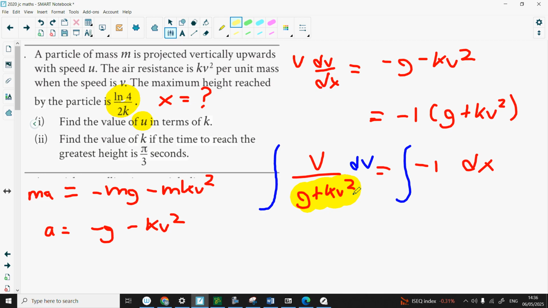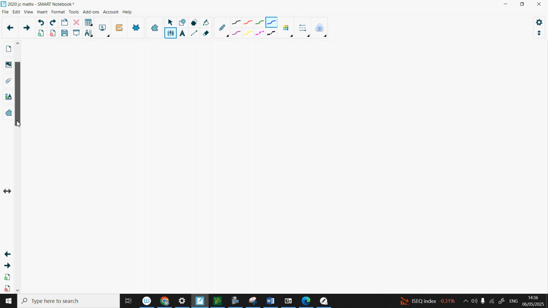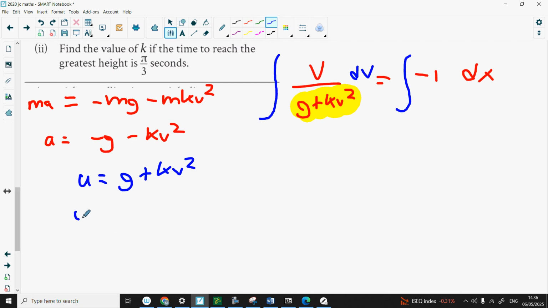Yeah, we always use u sub. So what we're going to do is a u sub like this. u equals g plus kv squared. Then we're going to differentiate it. du/dv is 2vk.